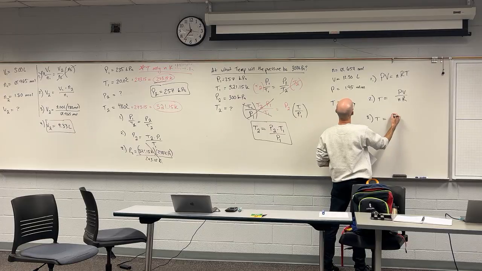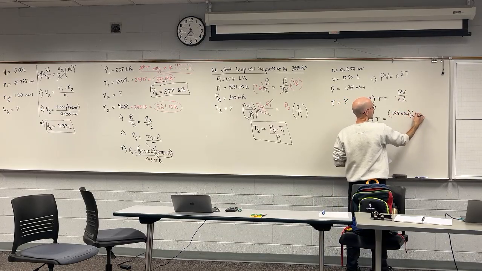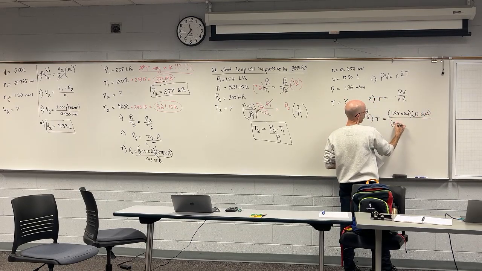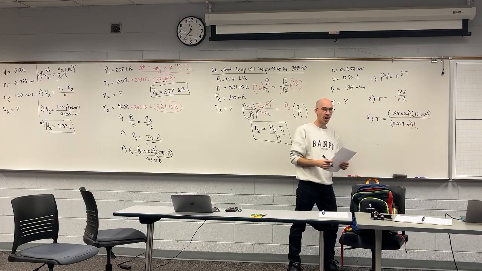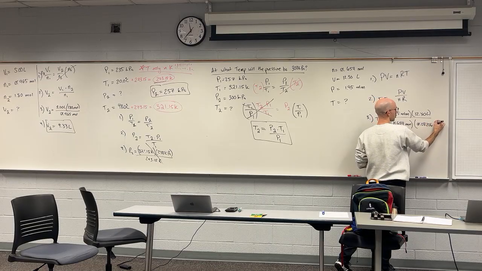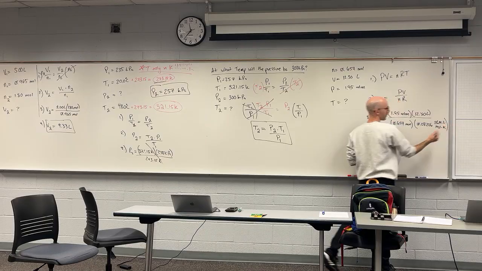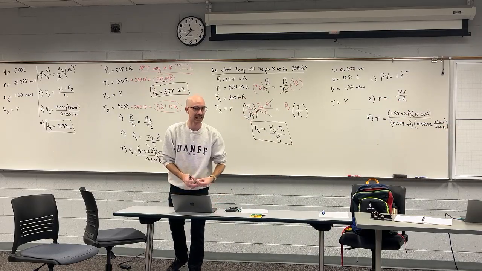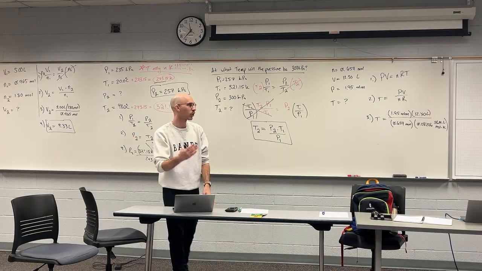So T equals 1.95 atmospheres times 12.30 liters divided by 0.654 moles times R, and again we can choose which unit we want. I'm going to choose the one that has liter atmospheres per mole Kelvin. The way I read those units is actually how they're read: liters times atmospheres per mole Kelvin.